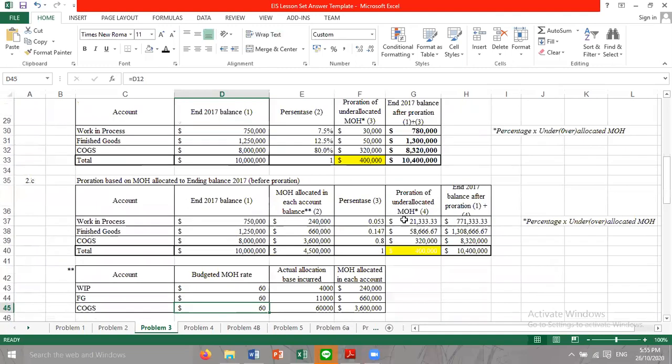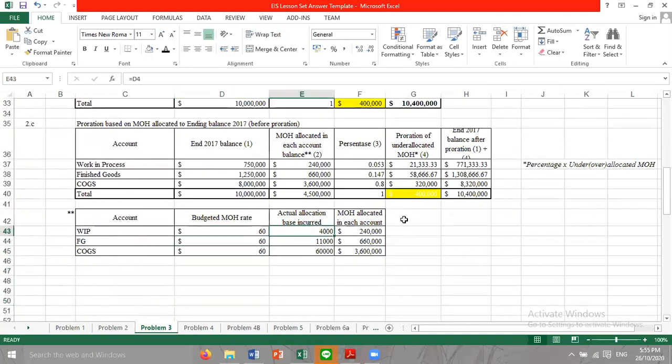Now, based on that, we'll be able to count the MOH allocated in each account. Once again, the formula is just the budgeted MOH rate, which is the one we get for question number 1, $60 per machine hour, times the actual allocation base for each account. In this case, for example, work in process uses 4,000 machine hours.